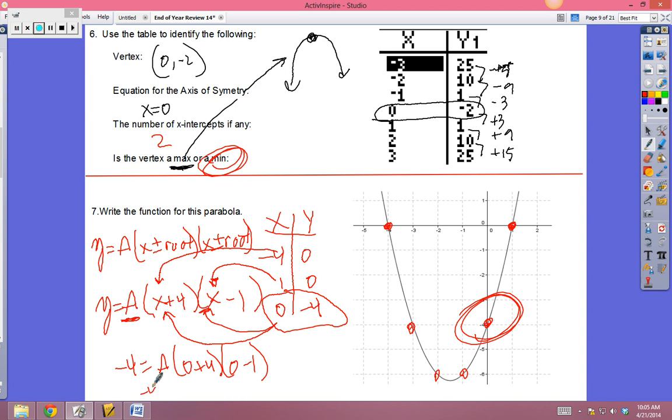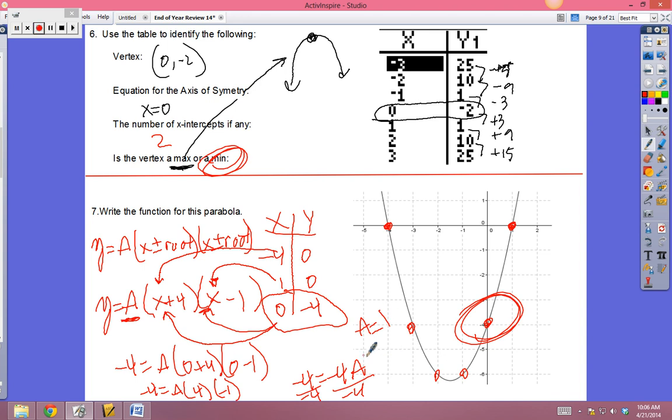So -4 equals a times 0 plus 4 is 4. 0 minus 1 is -1. So a times 4 times -1, you should have this. -4 equals -4a. So divide by -4, divide this by -4, and we've got a is equal to just 1.